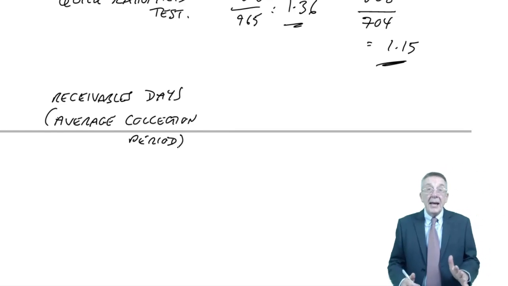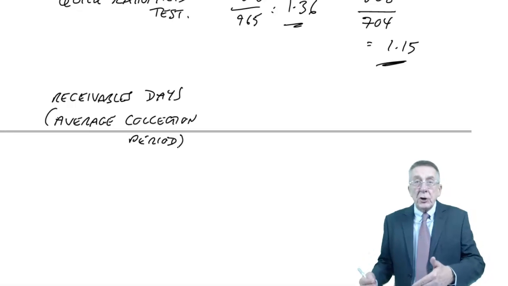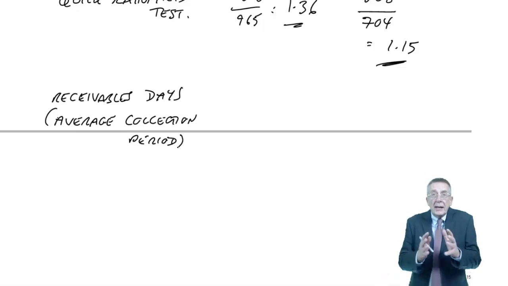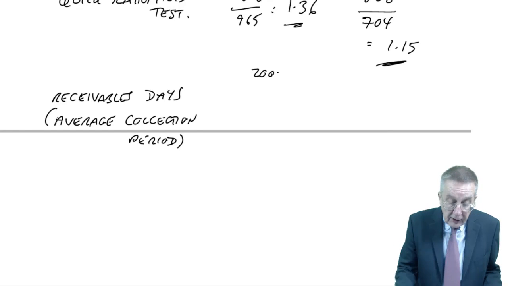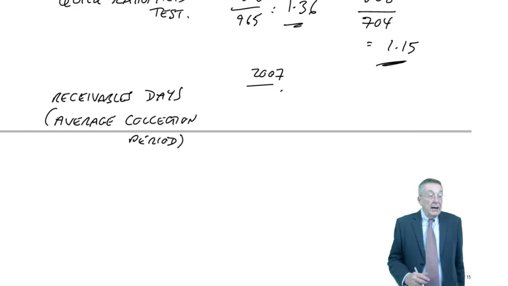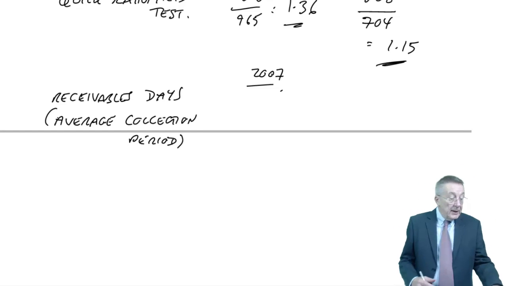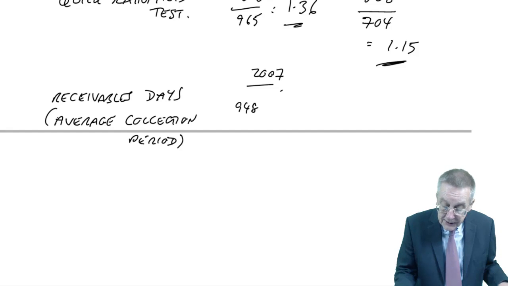Let's have a look and see if we can estimate approximately how many days credit are we giving customers, how quickly are we collecting in the money. Again, you've got the formula, I hope, yes you have. Trade receivables, in 2007 we know what the receivables were, it was 948.